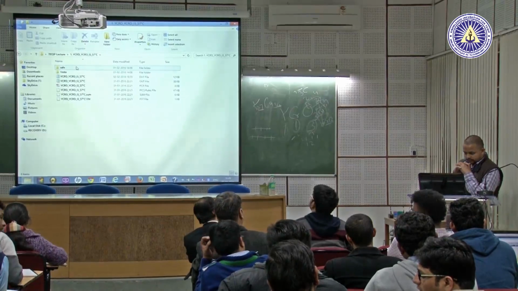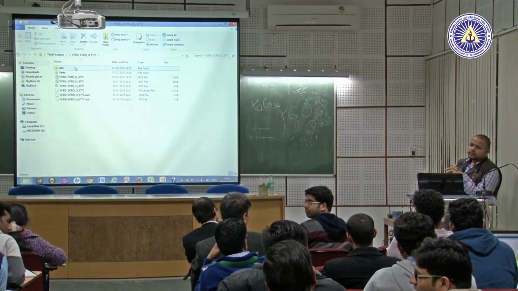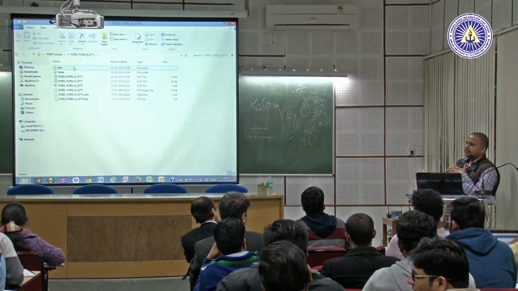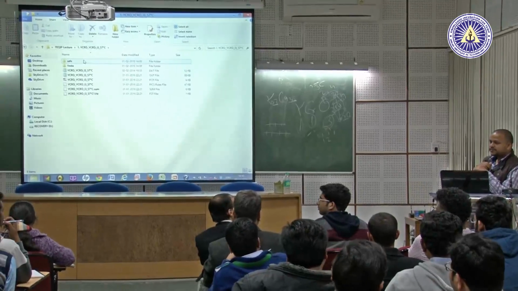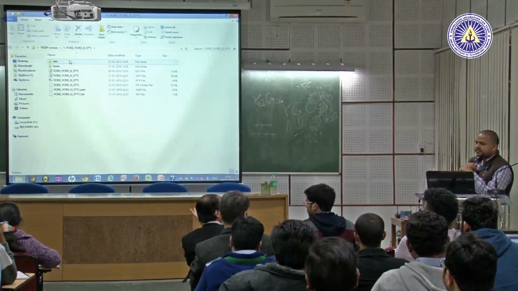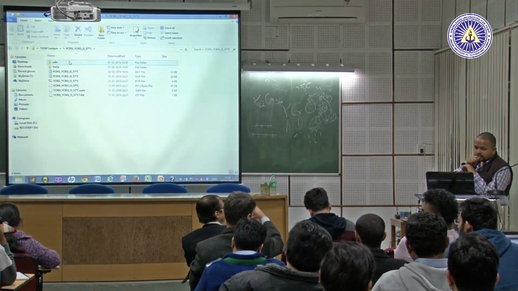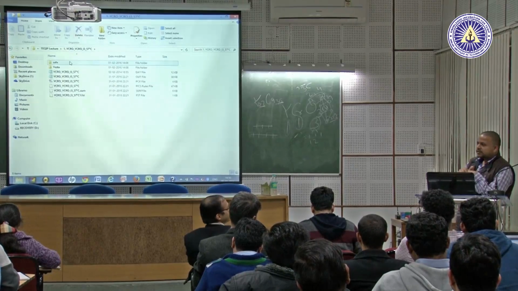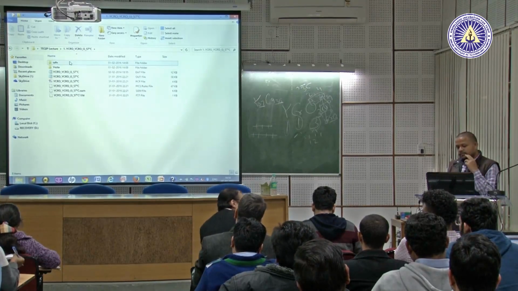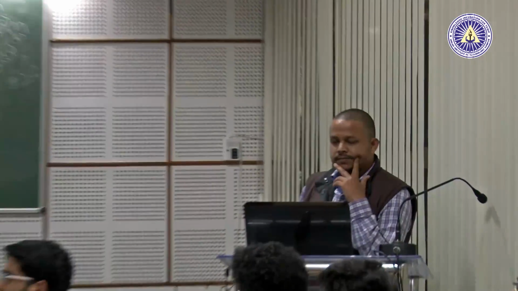This software, X'Pert, is not freely available. Is there any alternate software which is available? I don't know, but most probably I use these things. Bruker has their own software, isn't it, for refinement purpose? For analysis, what you have performed, X'Pert HighScore. See, if you buy a diffractometer, by default it should come with this software and the data.